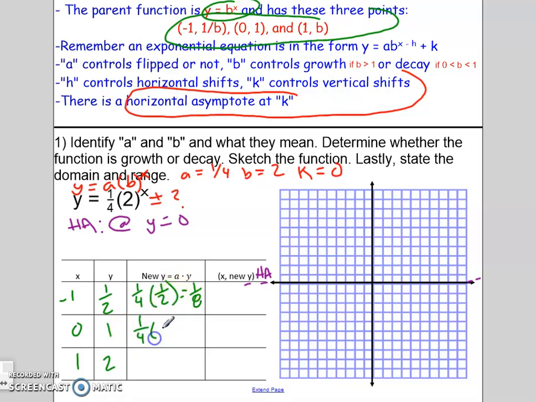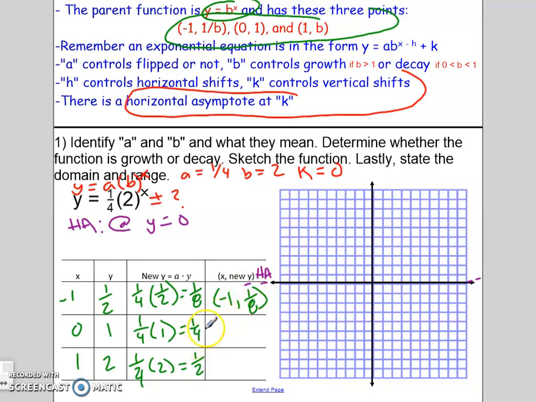So 1/4 times 1 this time is still 1/4. And then 1/4 times 2 is 1/2. So based on this information, our coordinates that we'll graph are x, which is -1, it didn't change, and our new y, which is 1/8.